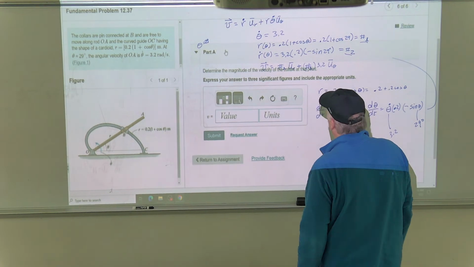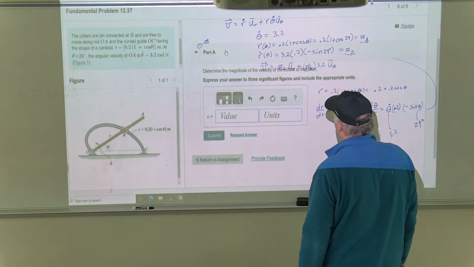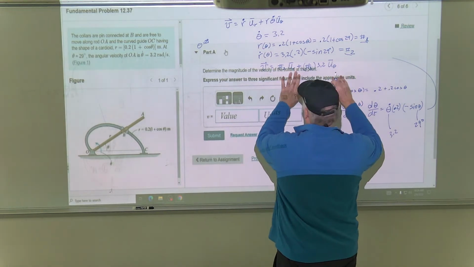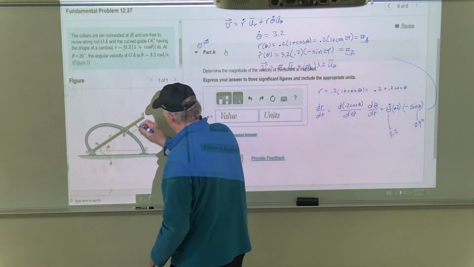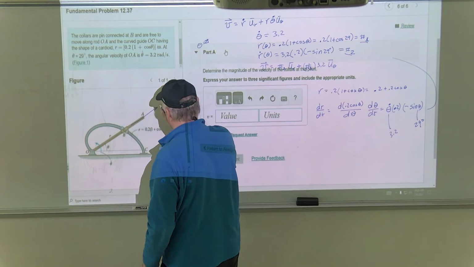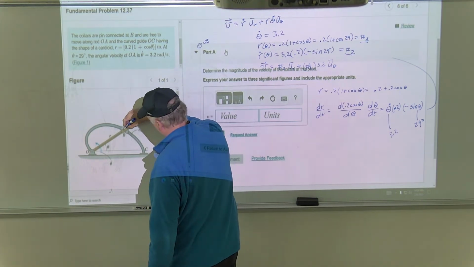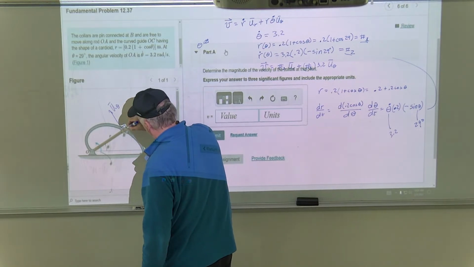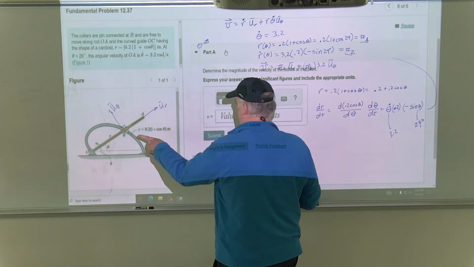So then he wants to know the magnitude. Since these are still, no matter where they are, here's your UR, and say here's your U theta, and they're always 90 degrees apart.